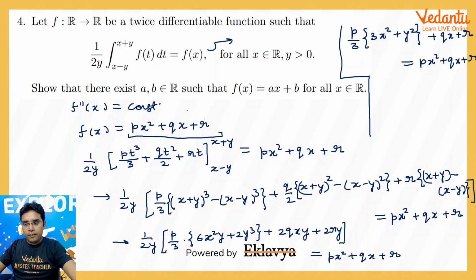So you can see both sides need to be exactly identical. We are already getting q x and r, but to make it identically equal, we need to have p equal to 0, because y is positive, you cannot have these to be equal. So if p is 0, that means my f x is actually of the form q x plus r, or you can say a x plus b form, that is linear.